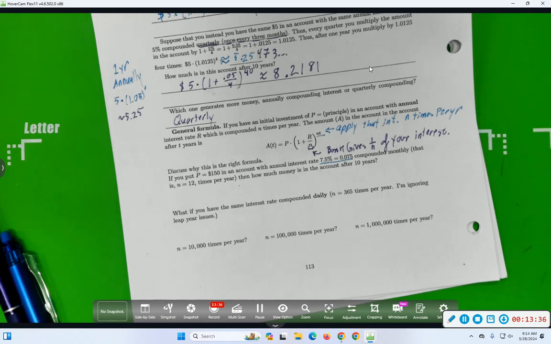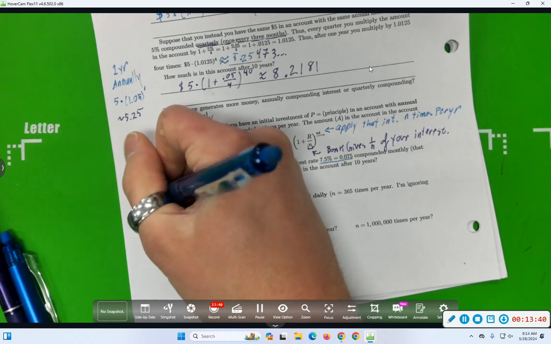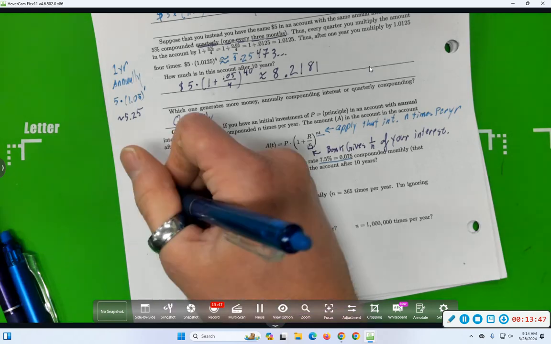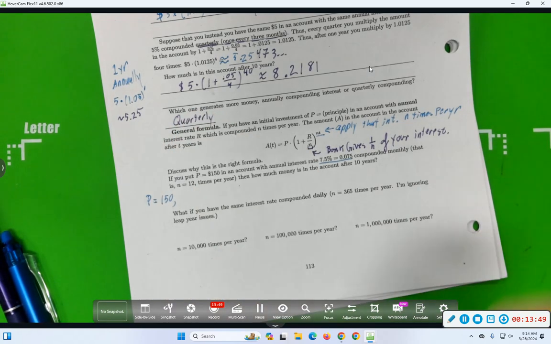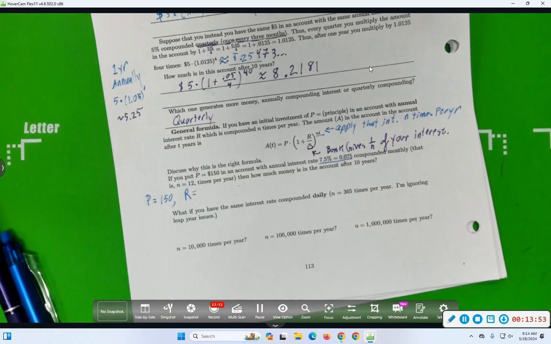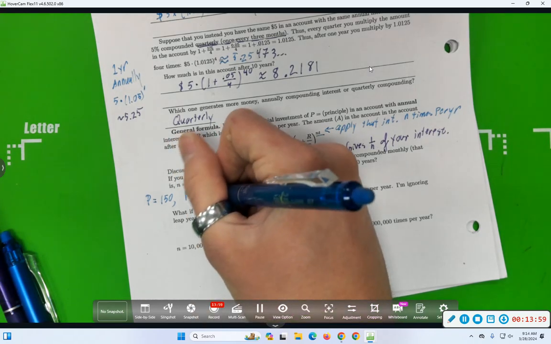And to do that, let's start by just matching up symbols. What's the principal I'm putting into this account? 150. And I think I'm going to suppress the units. We'll just have to understand that that's in dollars. What's the interest rate? 7.5%.